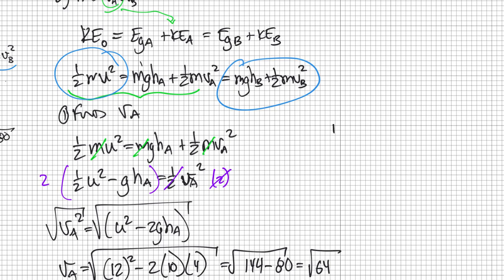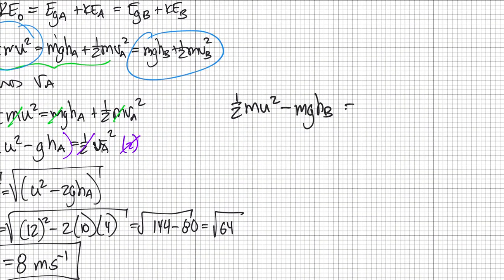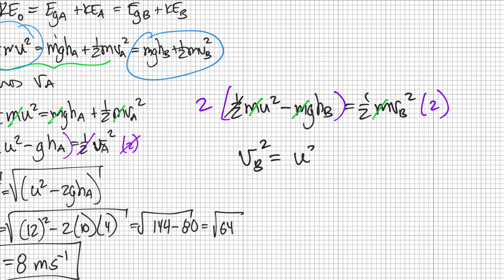So I'm going to start with 1/2 mu squared minus MGHB equals 1/2 MVB squared. Again, M's go away. Multiply each side by 2. And write VB squared over here. That cancels with that. So that's going to be u squared minus 2GHB.